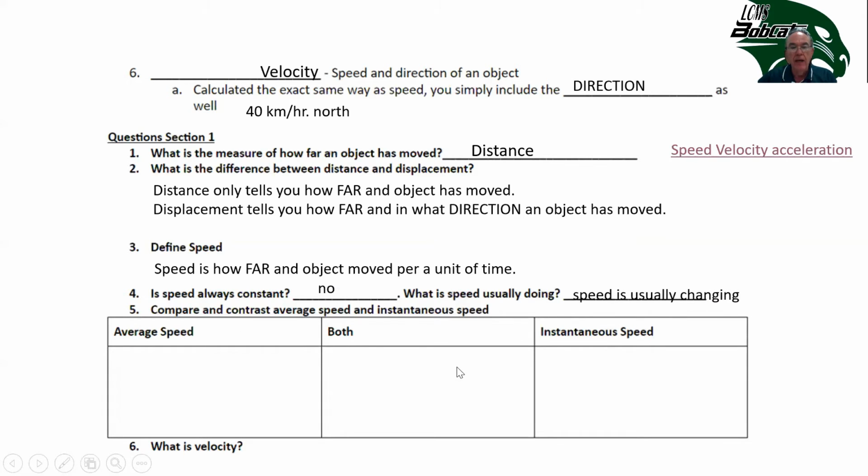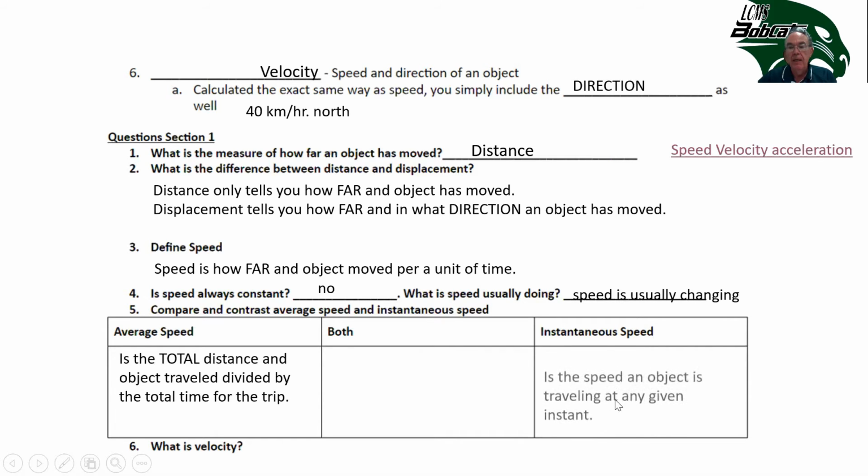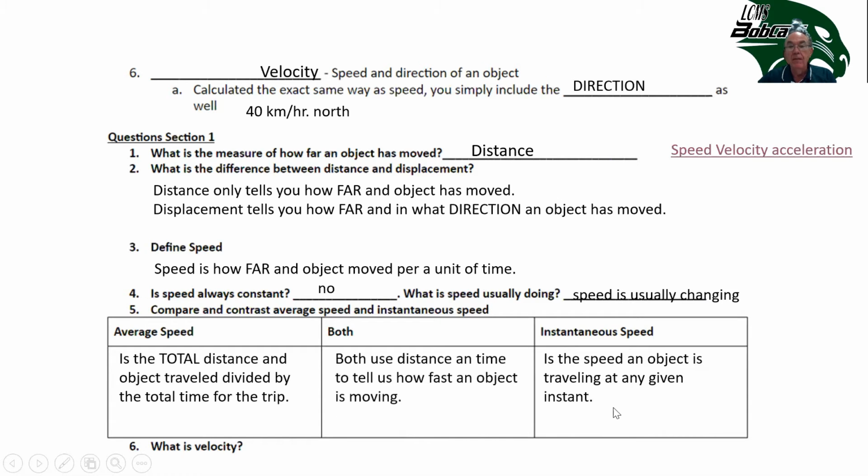Compare and contrast average speed and instantaneous speed. Average speed is the total distance an object has traveled divided by the total time for the trip. The instantaneous speed is the speed an object is traveling at any given instant. What's similar about both? Both use distance and time to tell us how fast an object is moving.